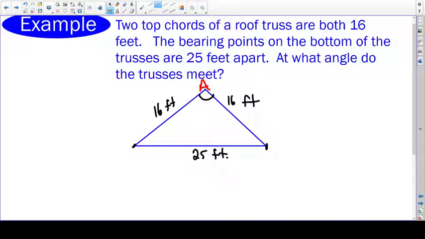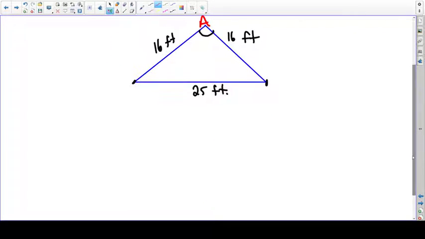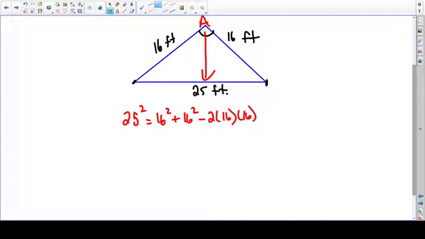So we're going to go ahead and write out cosine law. That would be 25 squared, because it's the side opposite the angle that we're looking for, equals 16 squared plus another 16 squared minus 2 times 16 times another 16 times the cosine of angle A, and that's what we're trying to find.